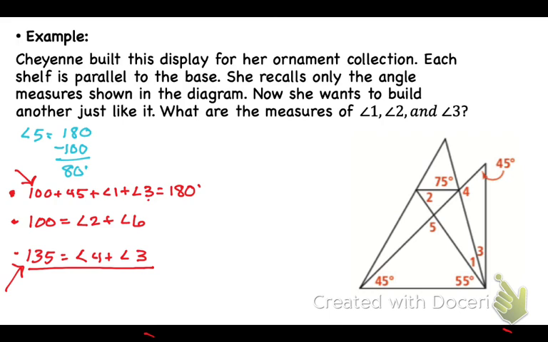So this in here would be 45, and we said this was 80. And this was 80. So can we find 2? Okay, so angle 2 equals 180 minus 125, which is 55. So that helped me out, I think.